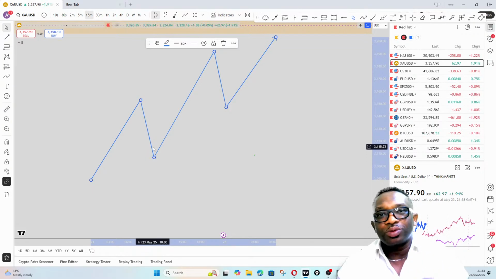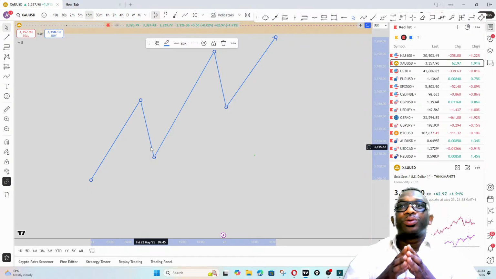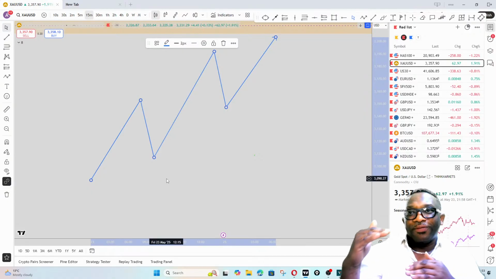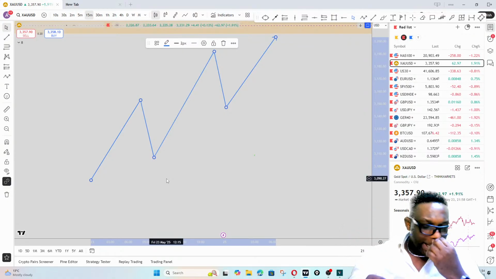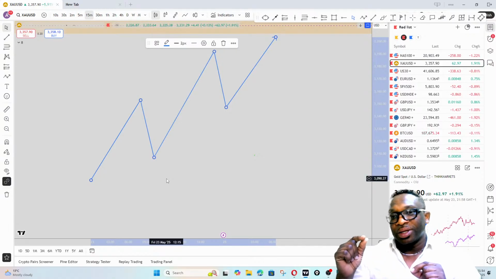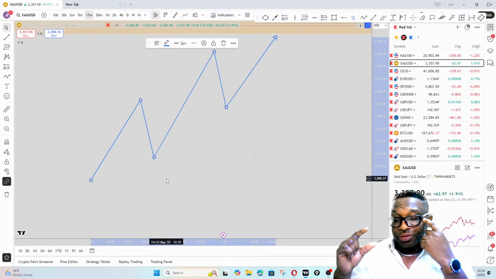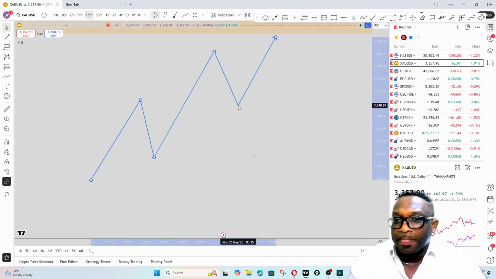Then you drop down to the 15-minute time frame, which is the time frame that I'm using to enter the trade. So once I get to the 15 time frame, I would have refined the area to a much smaller area compared to the bigger area I identified on the higher time frame. And by so doing, I'm able to have a sniper entry and also have a smaller risk on that particular trade that you're looking at.